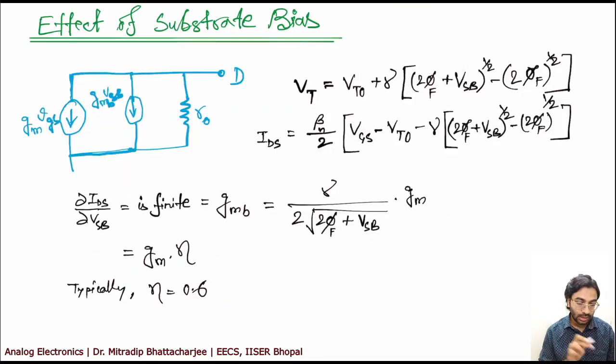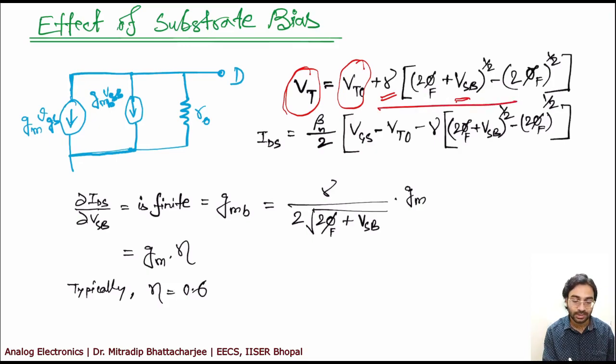So now the Vt expression will be Vt0, which is the Vt value at substrate bias equal to 0, plus gamma, a constant, times (2 phi f plus Vsb) to the power half minus (2 phi f) to the power half. This is the expression.